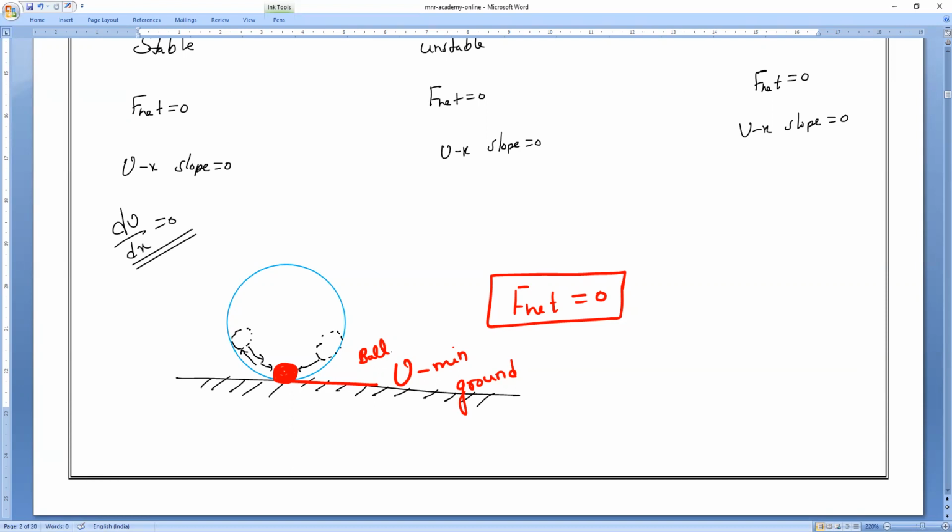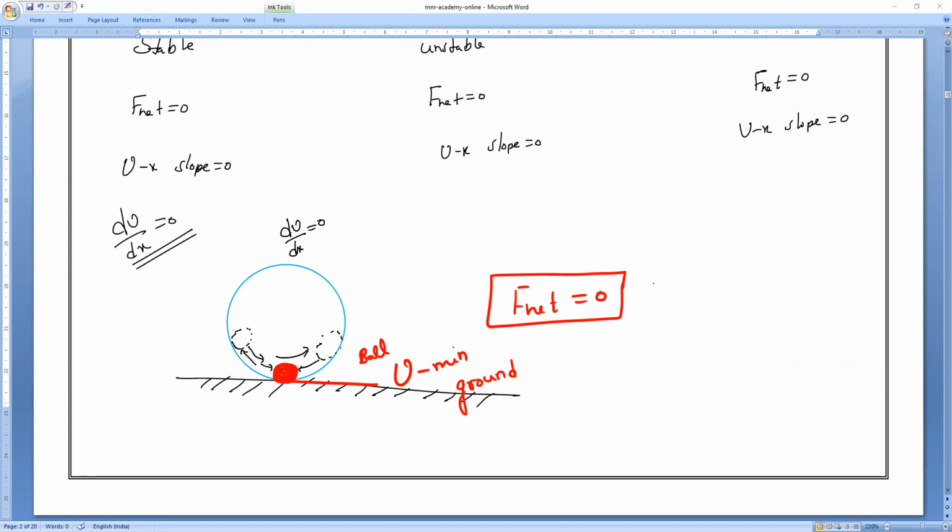Am I right or wrong? In the sense of du by dx, of course, we all know that it is equal to 0. So remember, if you displace the body slightly, it returns back to the same position.